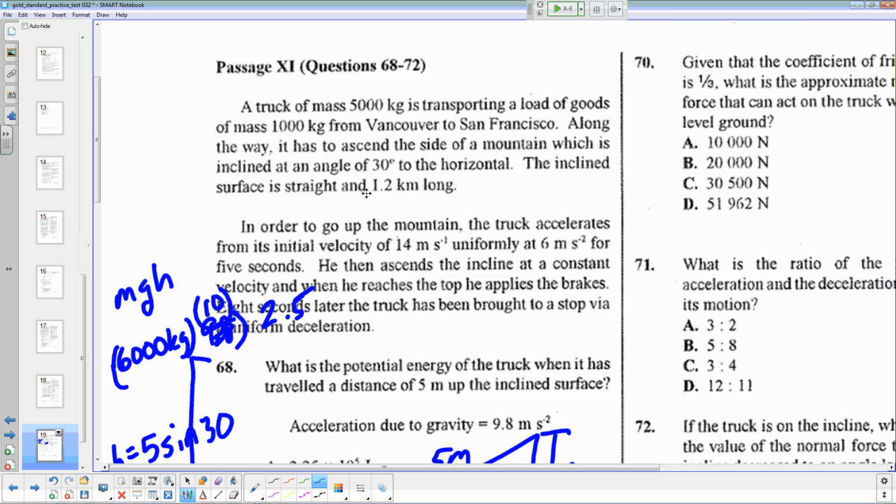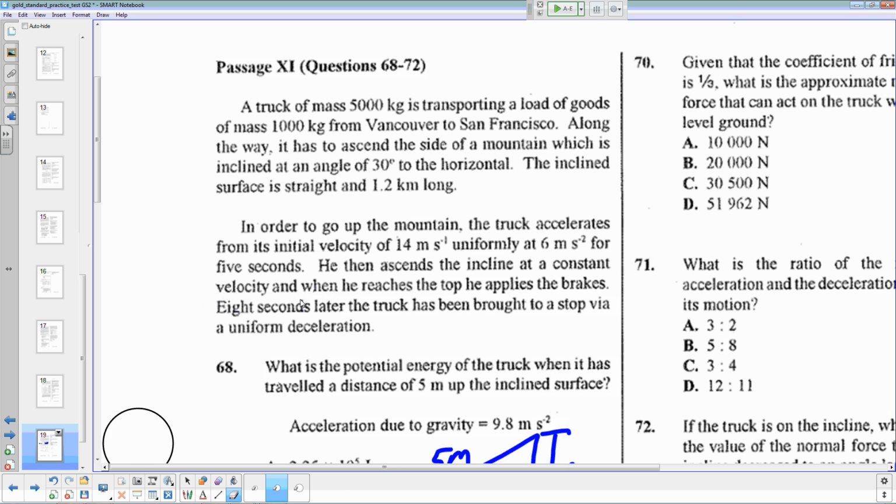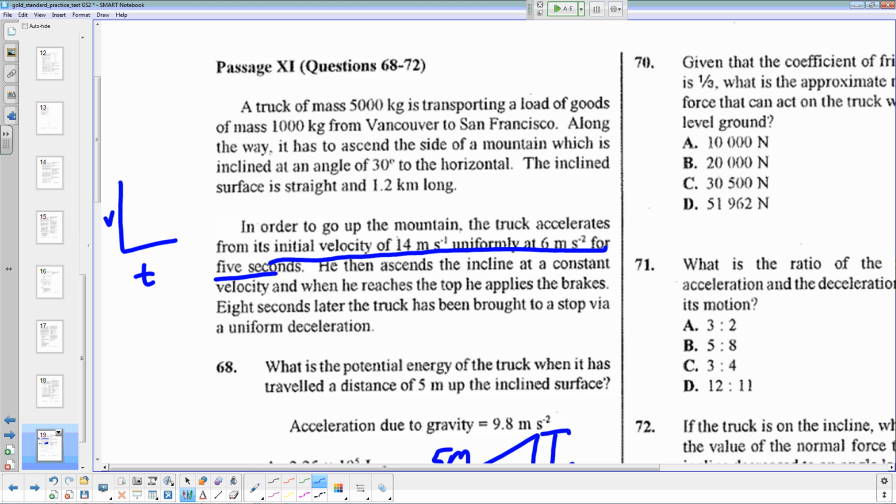I want you to read this, and then I'll go back and show you the graphs, and you can pick the one that you want. It accelerates from an initial velocity of 14 meters per second uniformly. He then ascends the incline at a constant velocity, and then he uniformly decelerates. What does that velocity versus time graph look like?